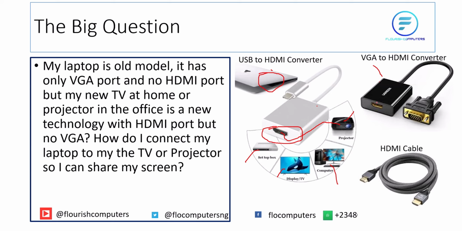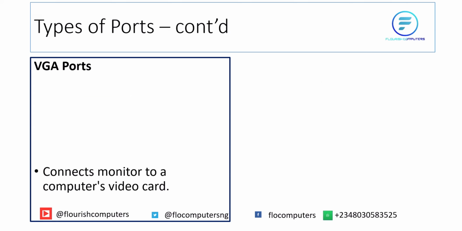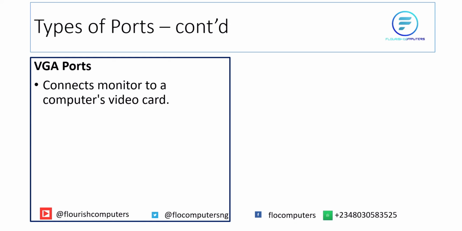Now let's talk about VGA and HDMI before we wrap up lesson 2. Okay, now the VGA port. I just showed you the VGA to HDMI converter. What is a VGA port? It's called the Video Graphic Adapter port. It connects a monitor to a computer video card.